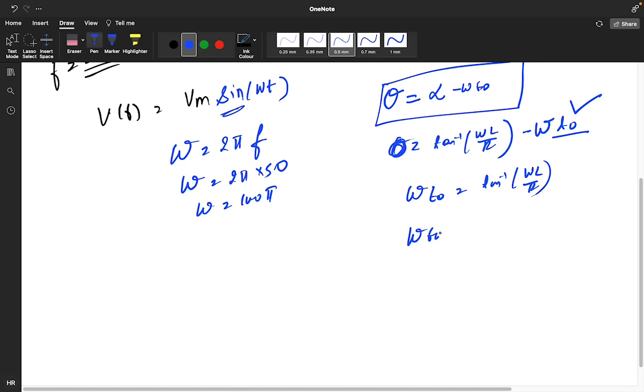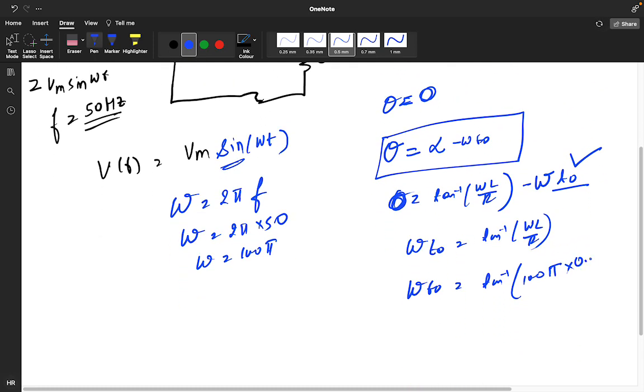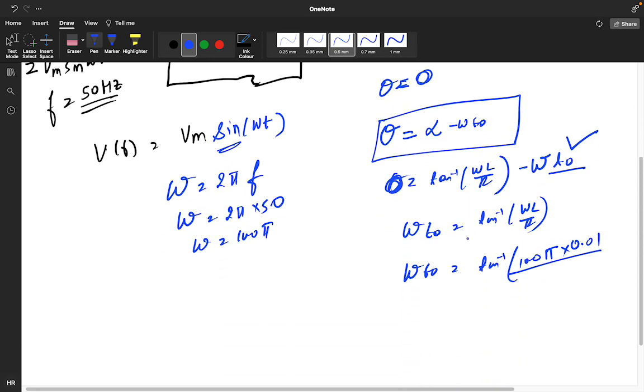So omega t naught equals tan inverse of omega value 100 pi into L value, in this question it's given as 0.01, and R value is 5 ohm. So you are getting t naught value, that is omega value 100 pi I am writing, and that tan inverse is pi by 5.